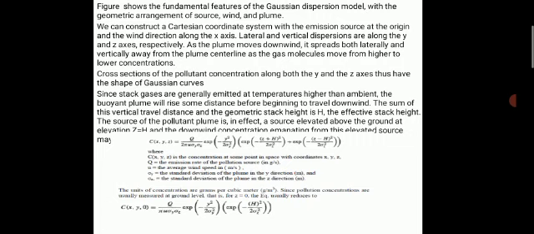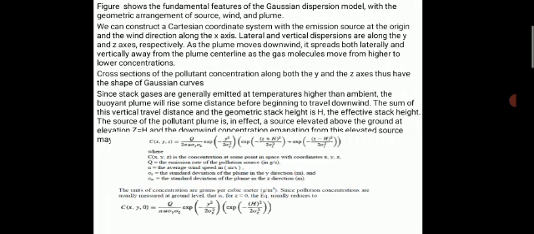Since stack gases are generally emitted at a temperature higher than ambient air temperature, the buoyant plume will rise some distance before beginning to travel downwind. The sum of this vertical travel distance and the geometric stack height is the effective stack height.